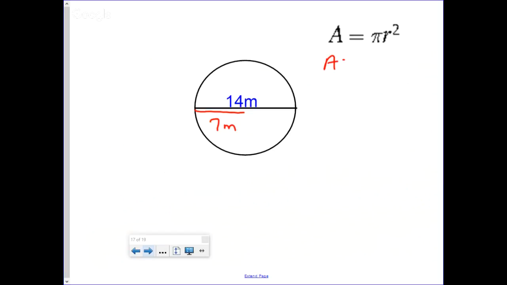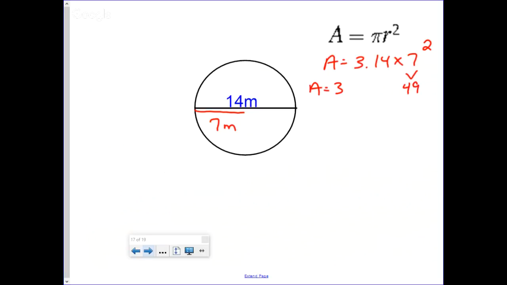So area equals, what is pi? That's right, 3.14 times, what is the radius? It's not 14. 14 is a diameter. So we had to cut it in half. Now what is our radius? It's 7 meters, and we're going to square that 7. Okay? So area equals 3.14 times 7 squared. So 7 squared is 49. 7 times 7 is 49.